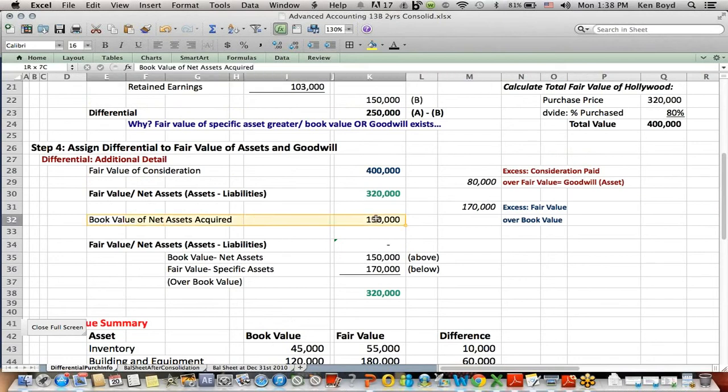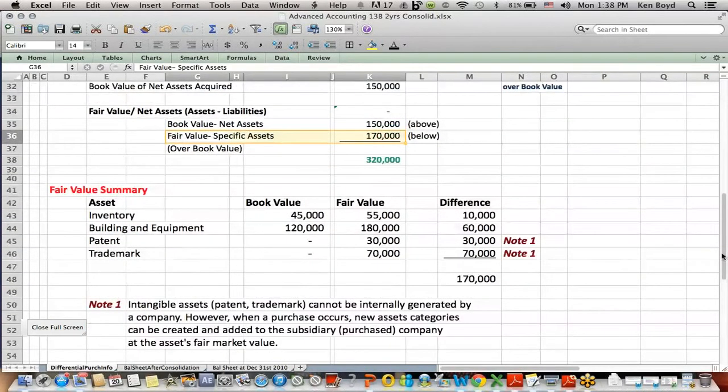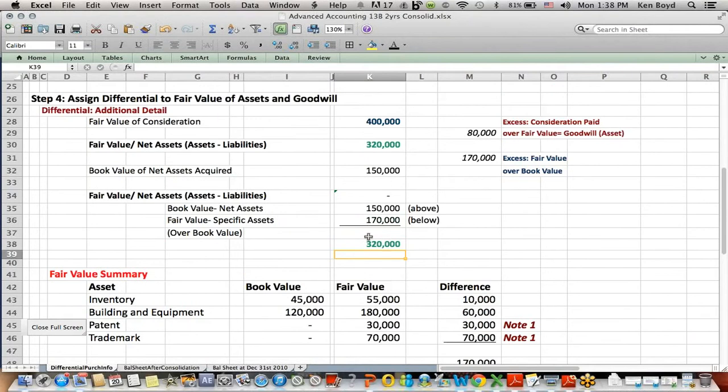So here's the book value of the assets acquired. If I add book value plus the fair value increases that I just figured out down here, I get $320,000. That is, in green, the fair value of the assets that are acquired, $320,000.